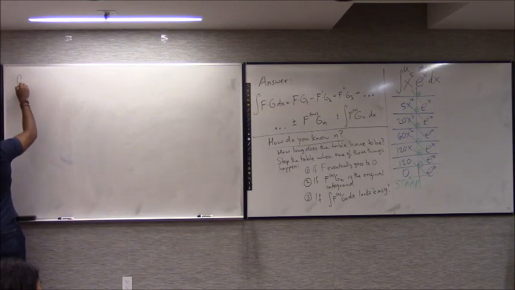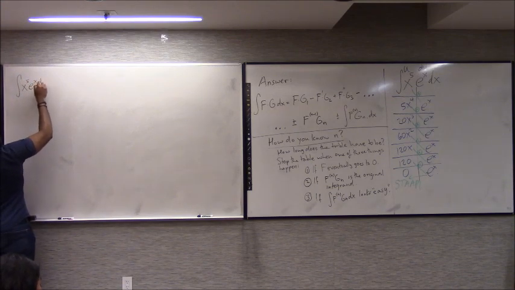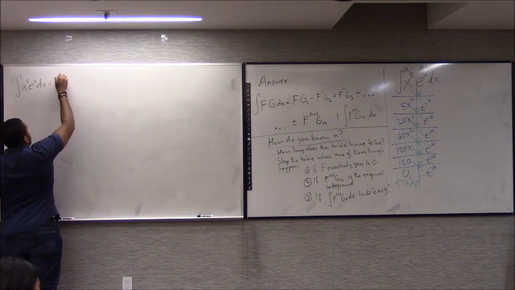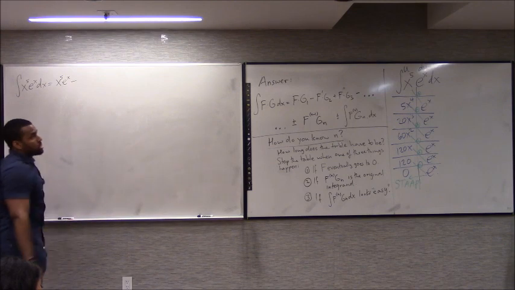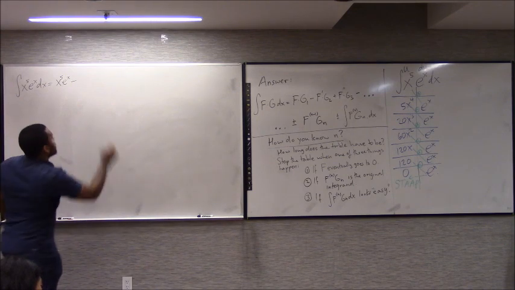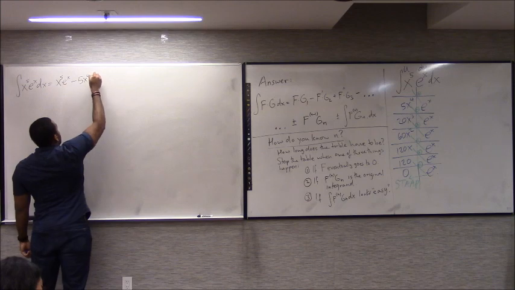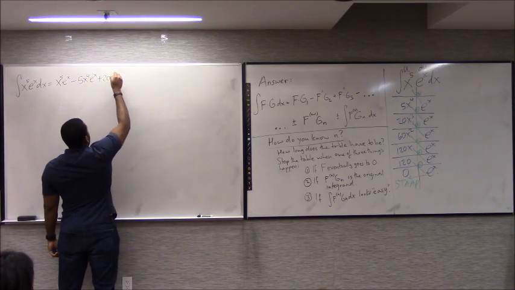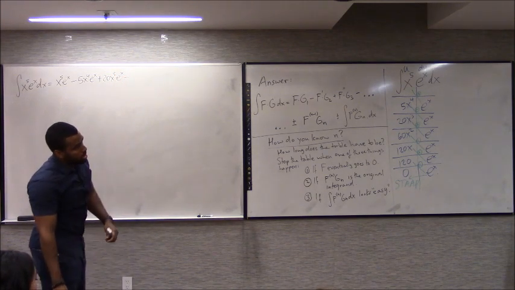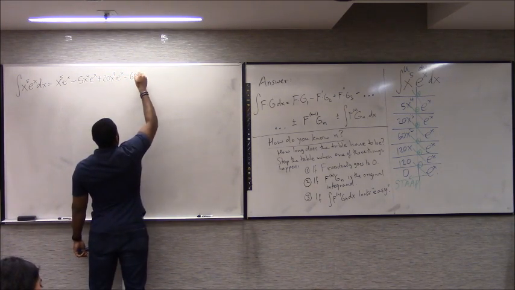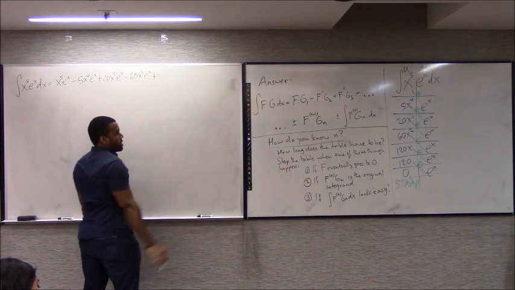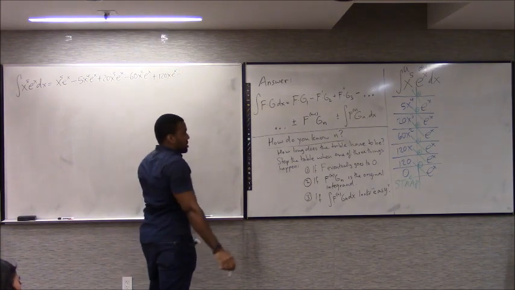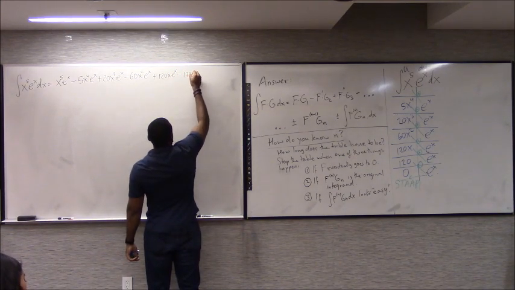So from this I can see that the integral of x to the fifth e to the x dx is plus x to the fifth e to the x minus 5x to the fourth e to the x plus 20x cubed e to the x minus 60x squared e to the x plus 120x e to the x minus 120 e to the x.